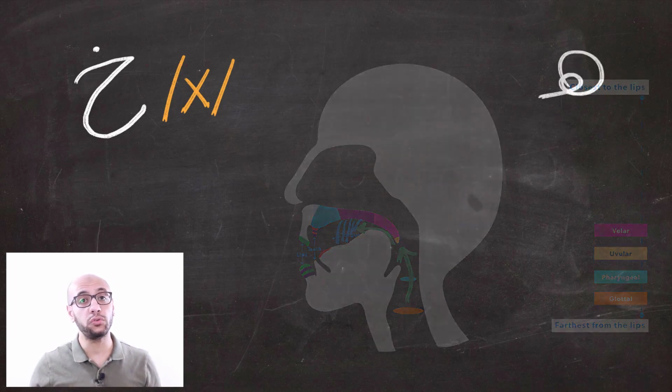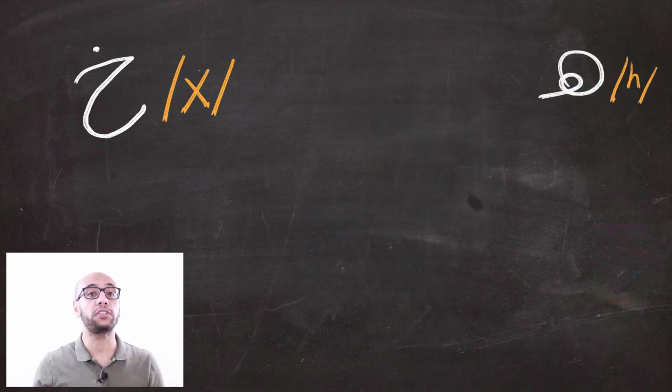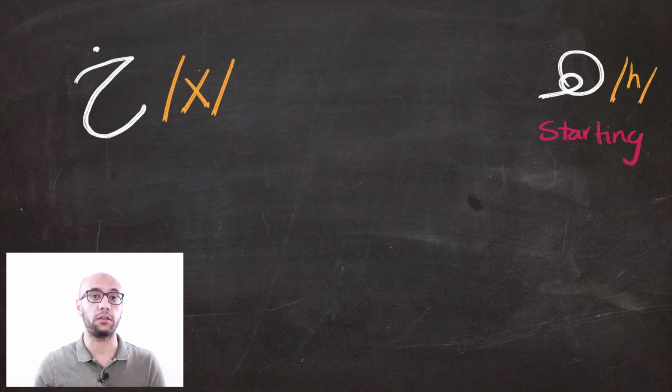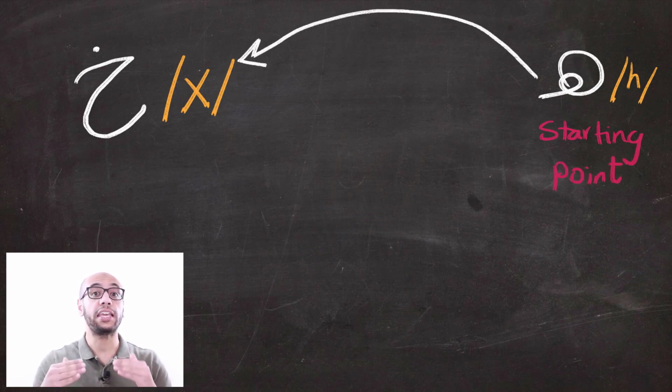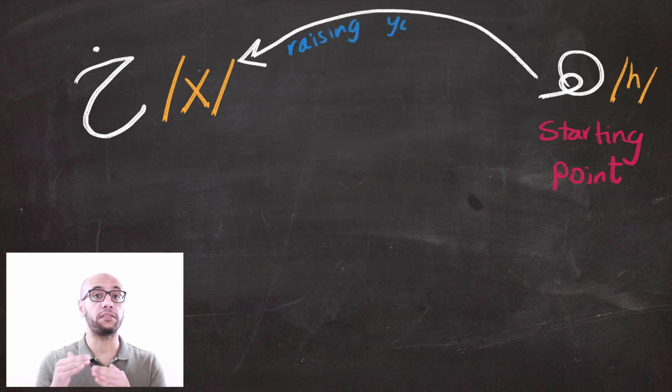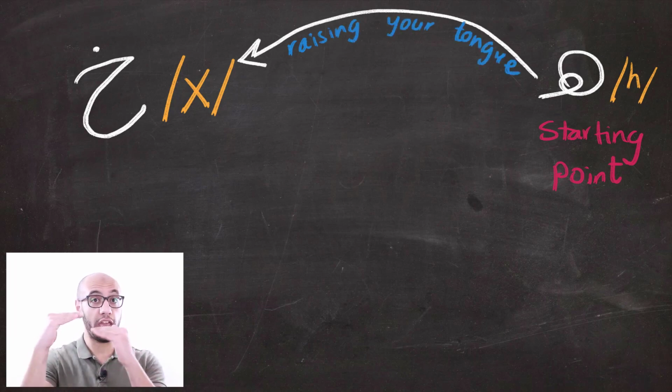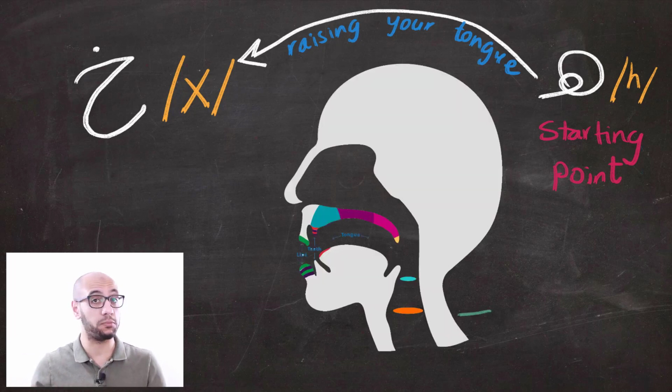Another trick you could use to pronounce the kha sound is using the ha sound as a starting point. So when you start with ha, keep lifting the back of your tongue and forcing it upwards till you hit the sweet spot and you start hearing the sound. Once you hit that spot, keep practicing it to save the muscle memory so you could use it later without any problems. It should be something like this.